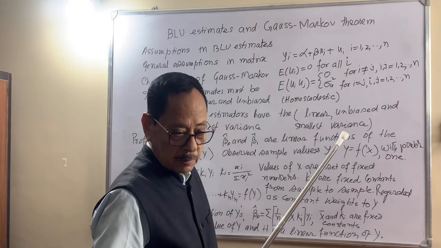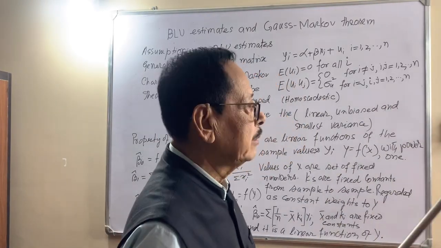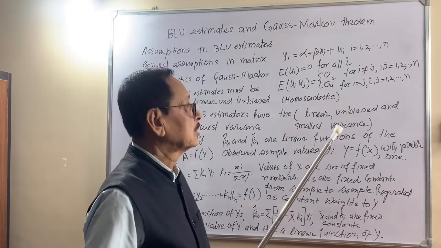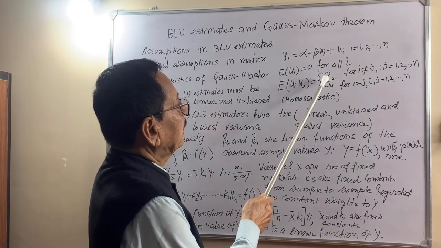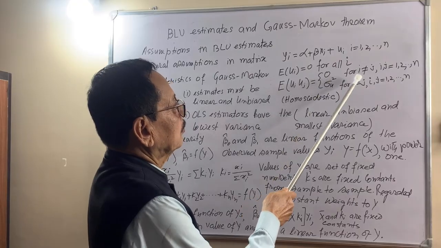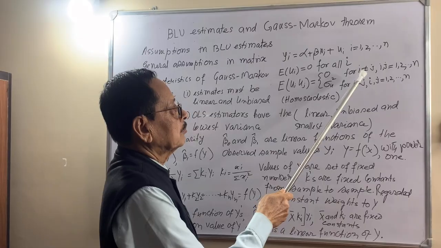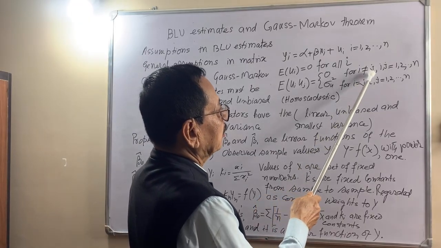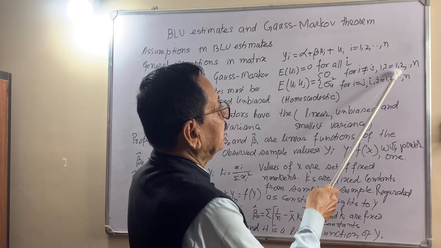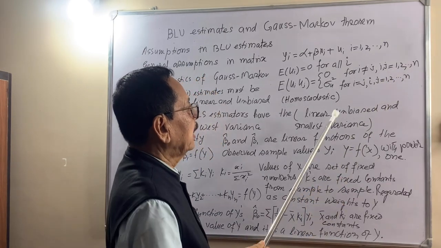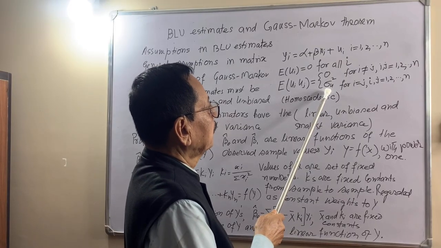In matrix form, we remember the diagonal elements and off diagonal elements. The off diagonal elements should be 0 for i not equal to j, when i and j range from 1 up to n, and the diagonal elements are sigma u squared.